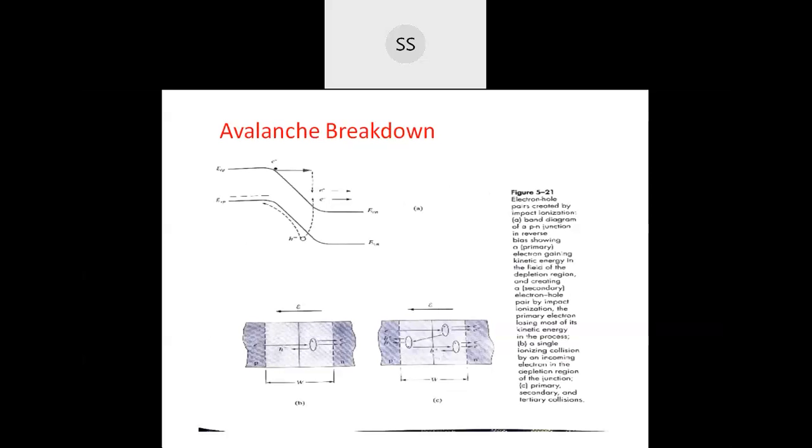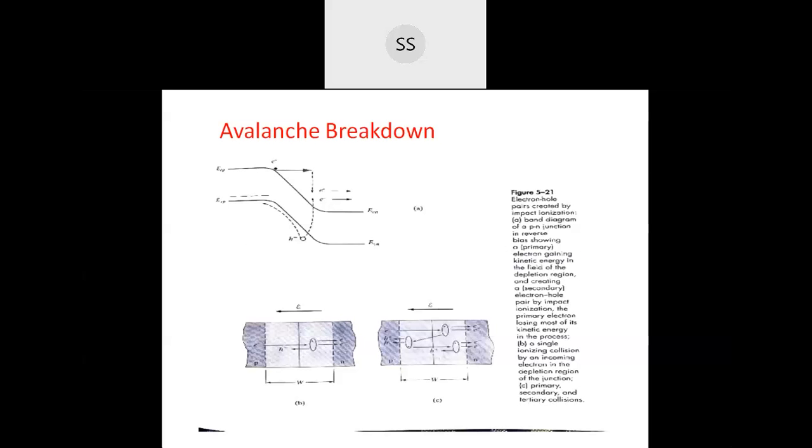The lattice scattering events result because of the applied reverse voltage, and it further leads to creation of electron hole pairs. So what is that impact ionization process? There is a lattice scattering which results in the creation of newer electron hole pairs.